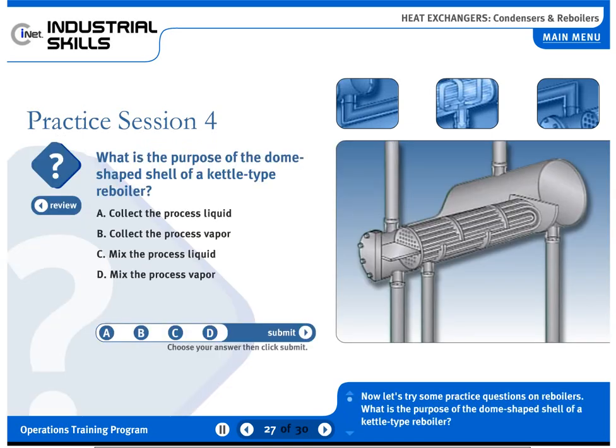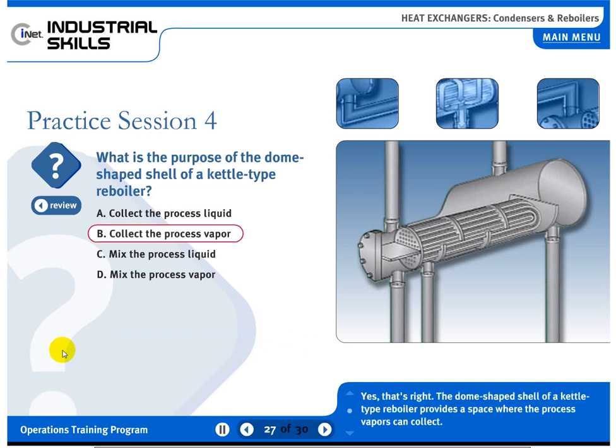Now let's try some practice questions on reboilers. What is the purpose of the dome-shaped shell of a kettle-type reboiler? Yes, that's right. The dome-shaped shell of a kettle-type reboiler provides a space where the process vapors can collect.